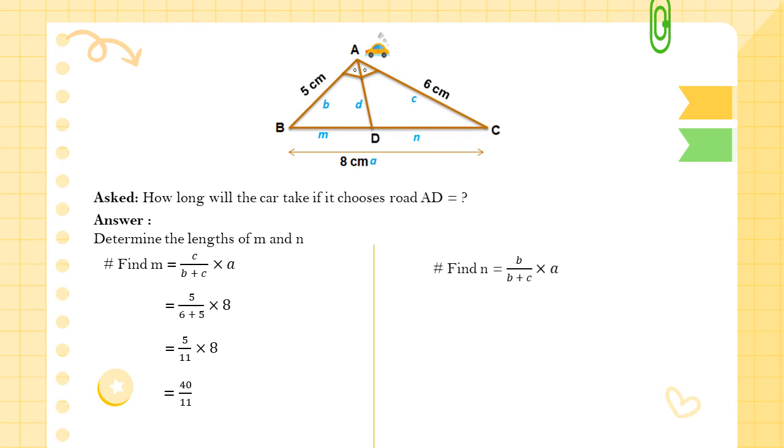Next, we find the length of N. Find N equals B divided by B plus C times A equals 6 divided by 6 plus 5 times 8, equals 6 divided by 11 times 8, equals 6 times 8 is 48 divided by 11.